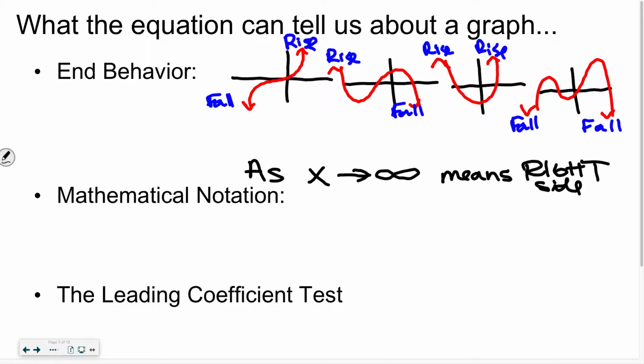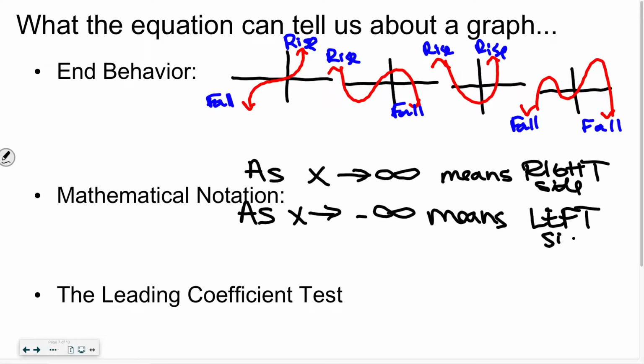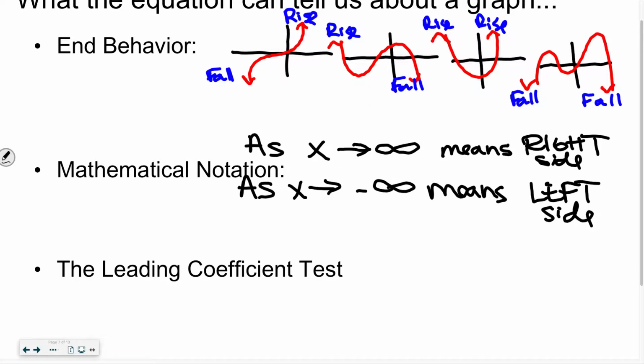As x approaches, well, what would be the left side? Negative infinity. Make sure you're jotting this down in your notebook. You're going to need to know this mathematical notation. This is probably the hardest part. As x approaches infinity is going to be our word for right side. As x approaches negative infinity is going to be our word for left side.